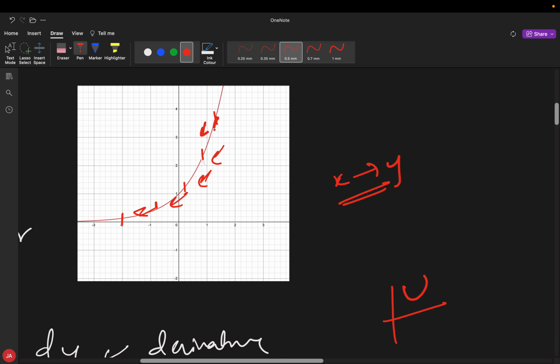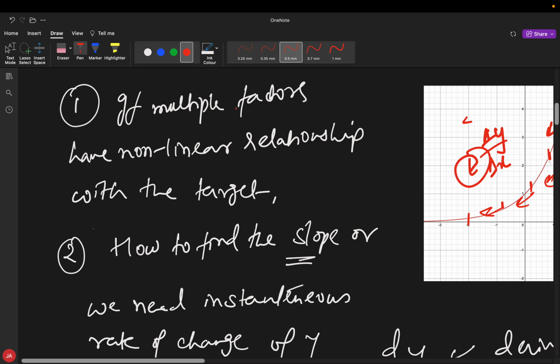Is my delta y by delta x increasing or decreasing at that particular instant? For this instance it might be decreasing, and it is constantly decreasing. So this would be a negative slope, right? My change in x is having a negative slope on y.